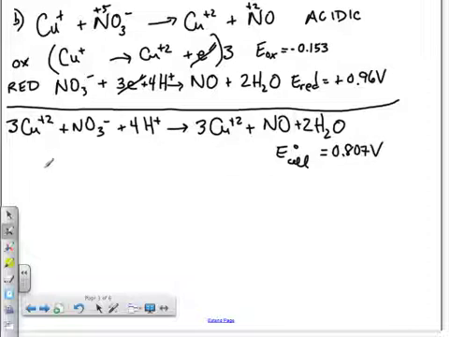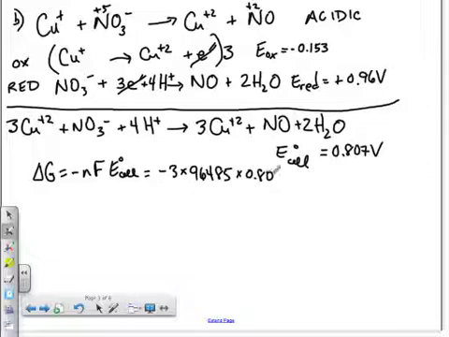Now we will calculate our delta G from this EMF. Delta G equals minus n F times my E. It's a 3 electron change, so minus 3 times 96,485 coulombs per mole of electrons times the 0.807.